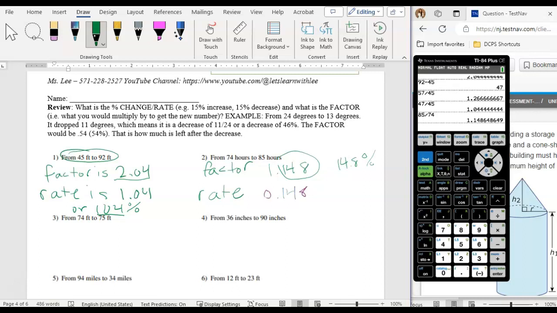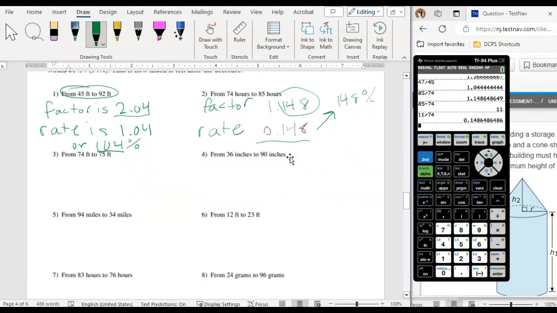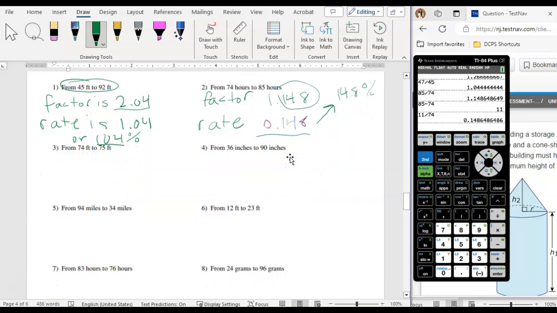And we can see that because 85 minus 74 gives us 11. So it grew 11 hours. 11 divided by 74 is 14.8%, right? So that shows us the percent that it increased by, and then our factor is what we're multiplying it by. Okay, let me give you one more example.